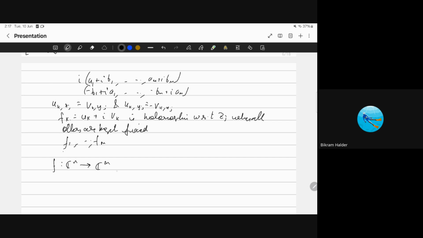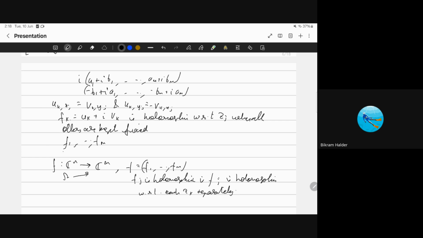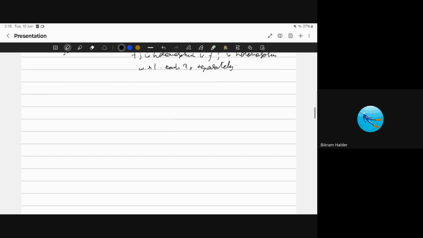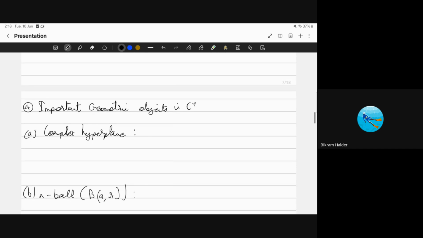That means if you have a function from an open subset of Cn to Cm, then f is of the form f1 to fm, and f is holomorphic if each fj is holomorphic with respect to each zk separately, right?